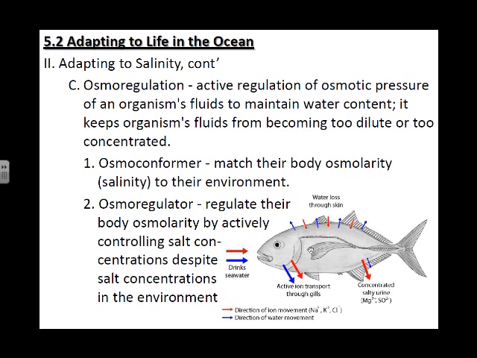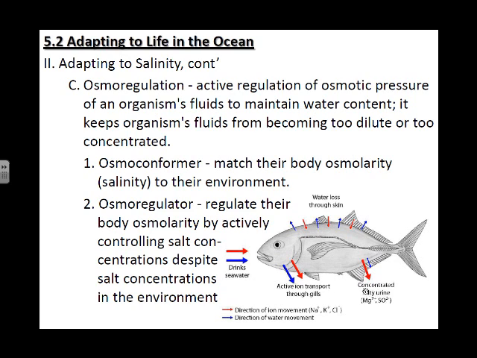So really what the fish does is it drinks seawater. Now that's interesting because I'm sure you've heard that if humans drink seawater, it would kill us, and that's true. However, marine fish have an adaptation to be able to drink the salt water. They then use glands in their gills to regulate the salt ions.